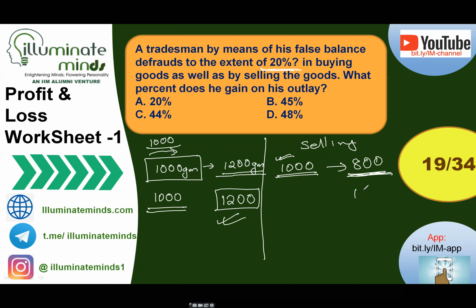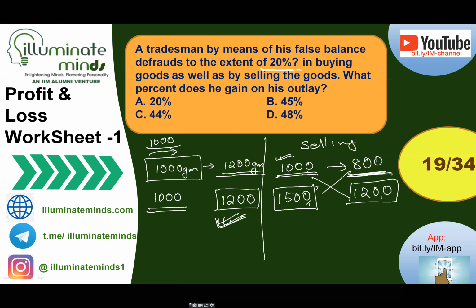So, if he actually gives 1200 grams to someone, how much will he make? He will make 1500 rupees, right? So he owned a quantity equal to 1200 rupees, and now he's selling it at the rate of 1500. If for 800 he is charging 1000, for 1200 he will be charging 1500, so he should be earning 1500.